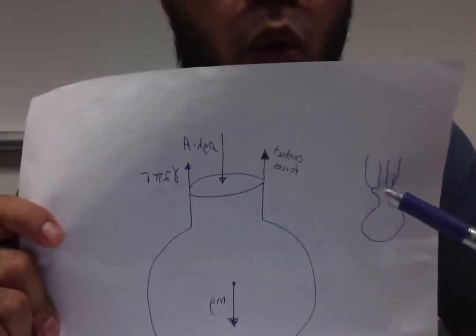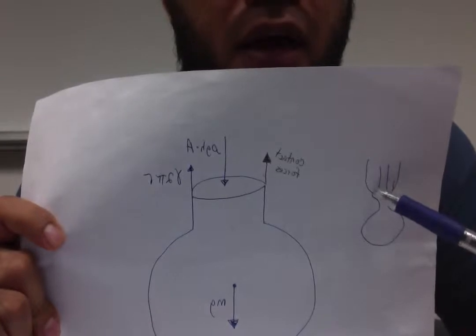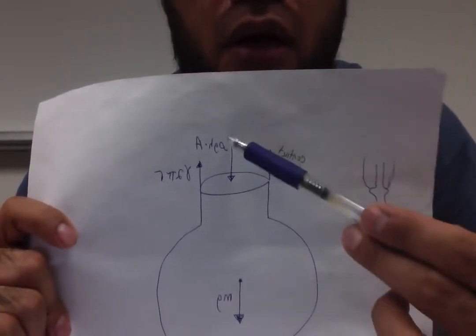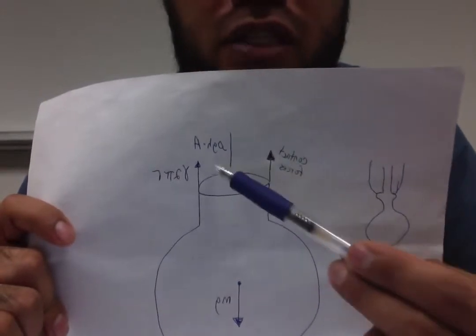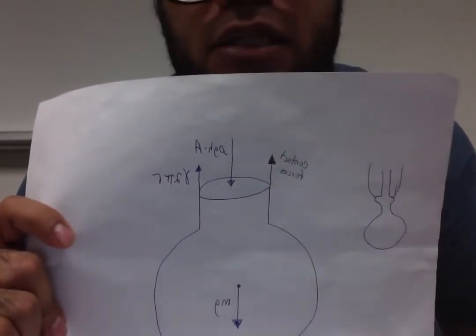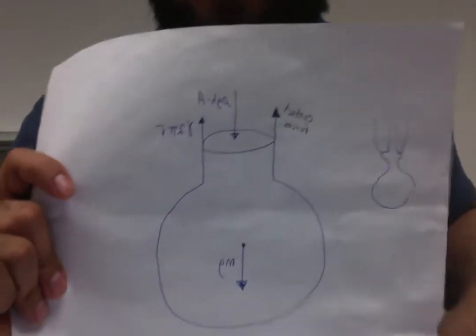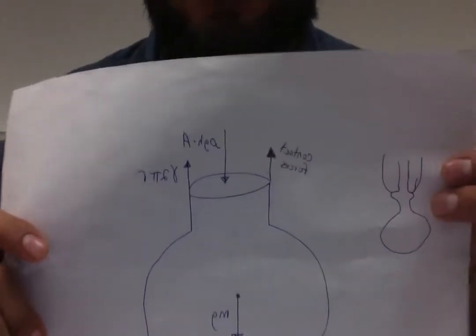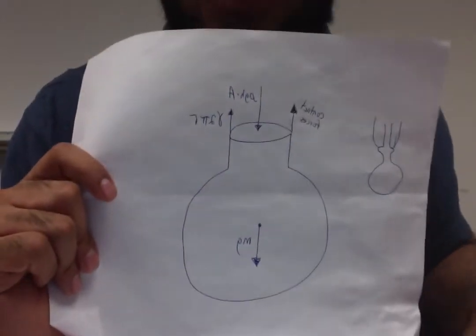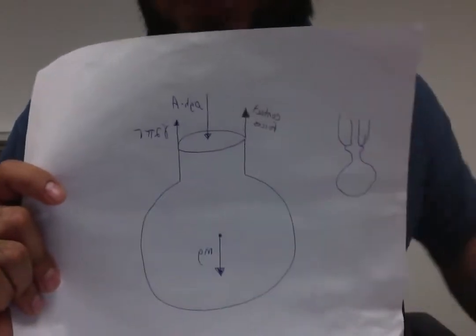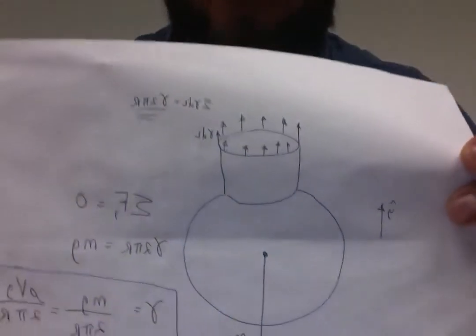That pinhole would reduce the surface area, and so this force would get smaller. And if this force got smaller and this force got smaller, then their difference would be even smaller still, and I could throw them out, and that would be more appropriate. I don't know how appropriate. It would just be more appropriate than it is now. But anyways, making that assumption that the difference between these two is a negligible force, and throwing them out, I end up with this FBD.